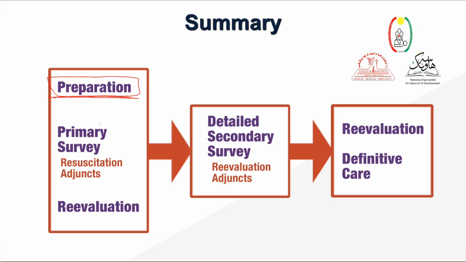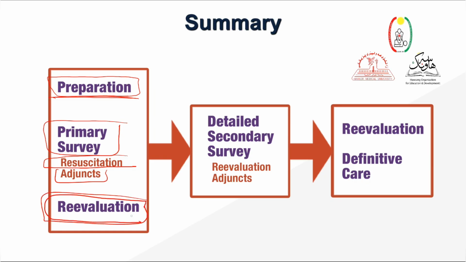Then when a patient arrives, you have to do the primary survey. If there is any problem, you resuscitate the patient, use the adjuncts, then re-evaluate the patient. If the patient does not improve, you do the primary survey again. If the patient improves, go to the secondary survey. In the secondary survey, you have to use the adjuncts, and a detailed history and examination should be done. Then after that, you do the definitive care.